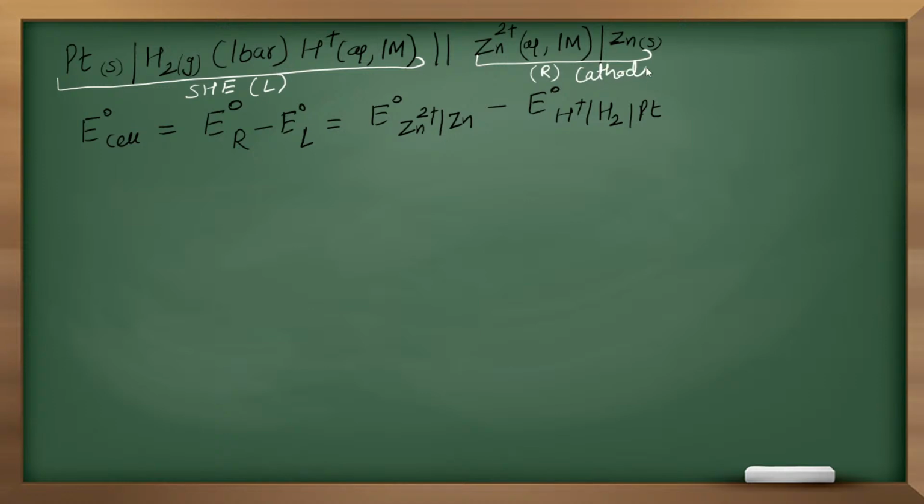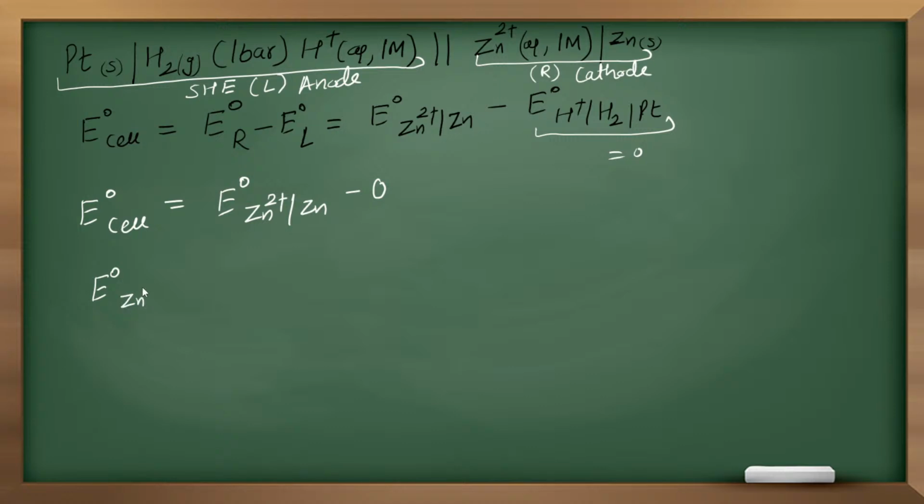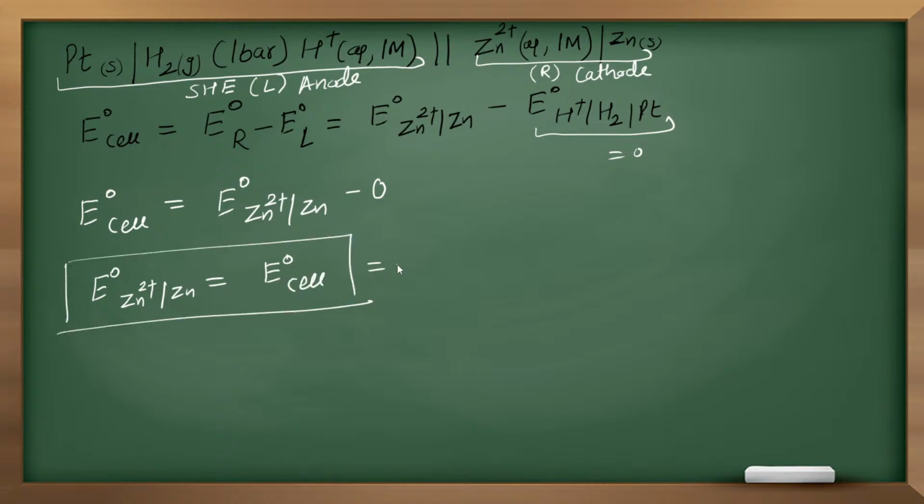The hydrogen electrode acts as the cathode and zinc as the anode, and its value is 0, as it is a reference electrode. Minus 0. So E naught zinc 2 plus zinc is E naught cell, and the value comes out to be on the minus side.